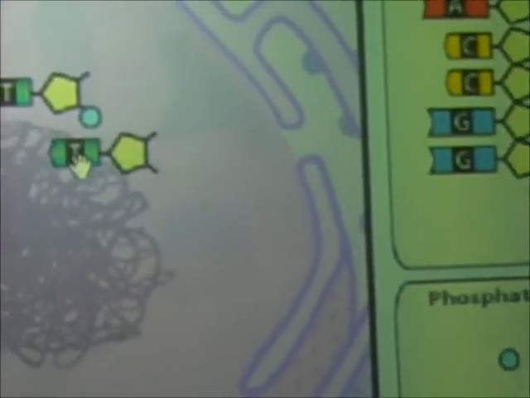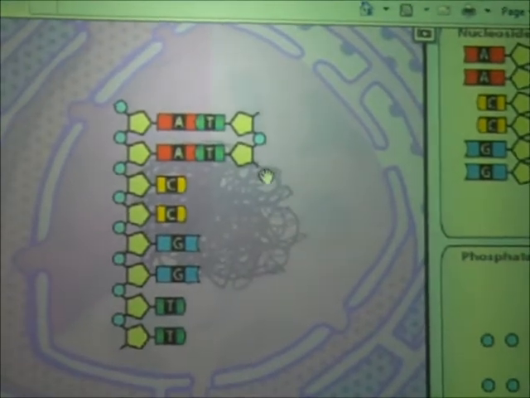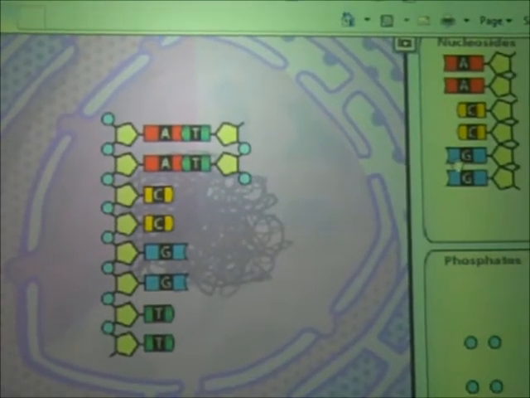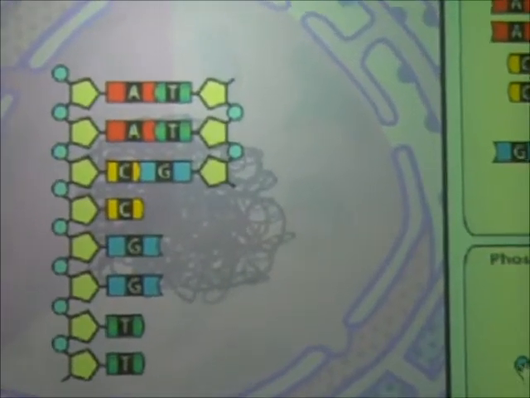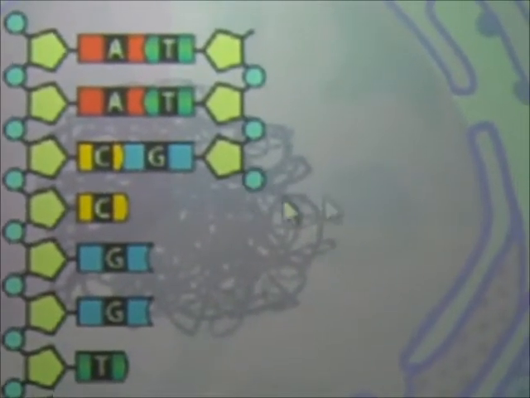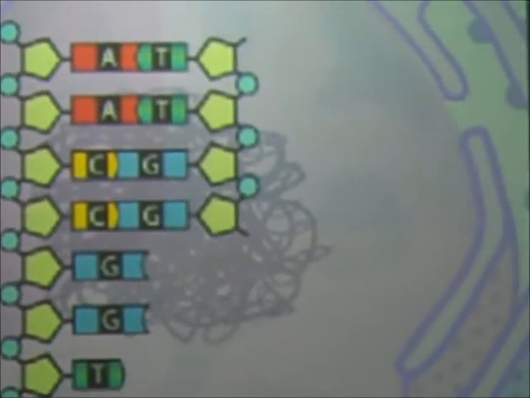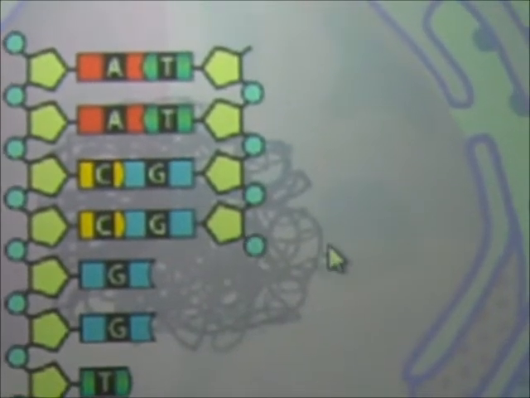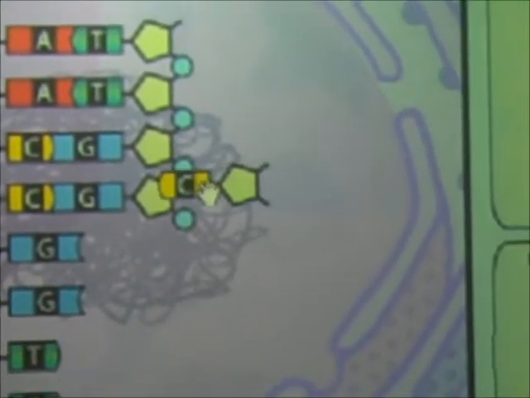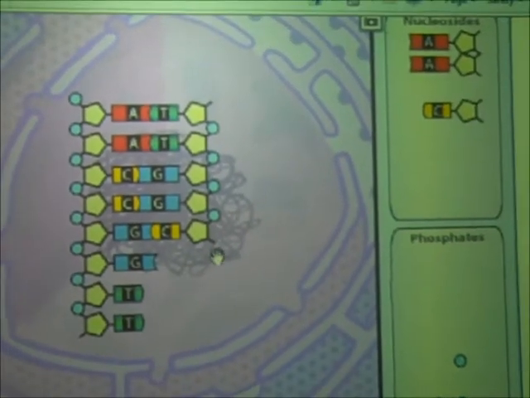That means I'll need another thymine. Can you tell what's going to bind with the cytosine just by looking? Of course you can. It's a guanine. And so we just go down and we make the two sides of the DNA double helix by matching up adenine to thymine, cytosine to guanine, and vice versa, guanine to cytosine, and thymine to adenine.